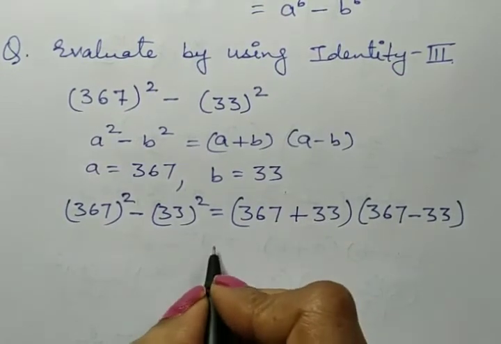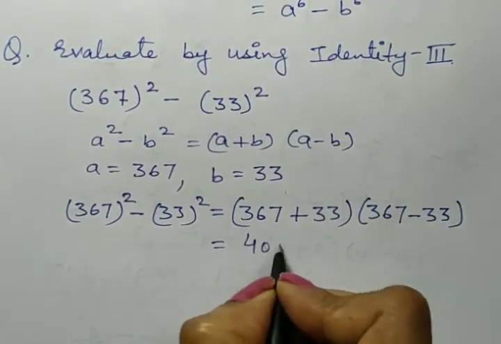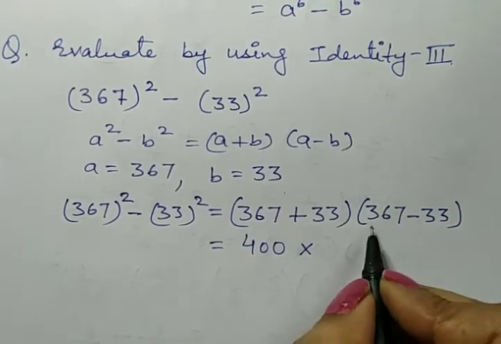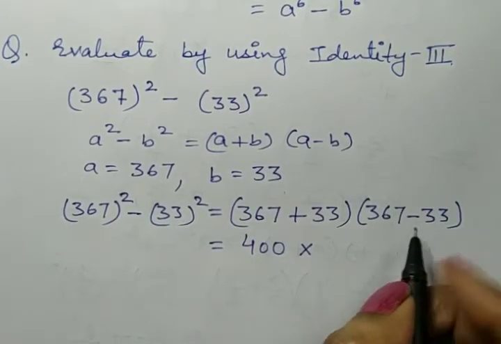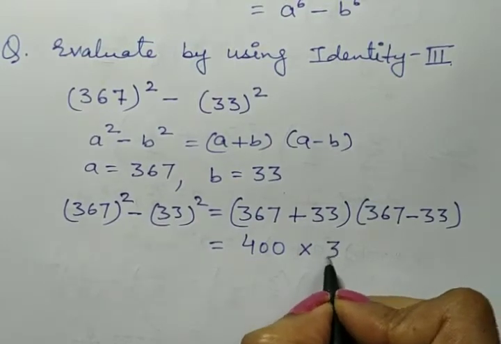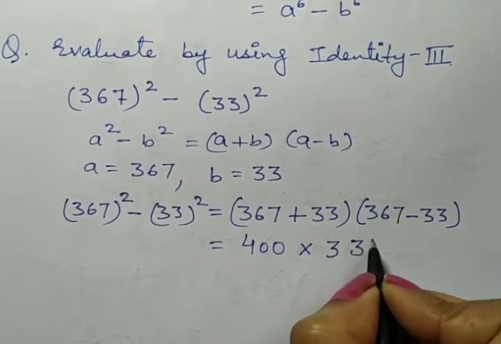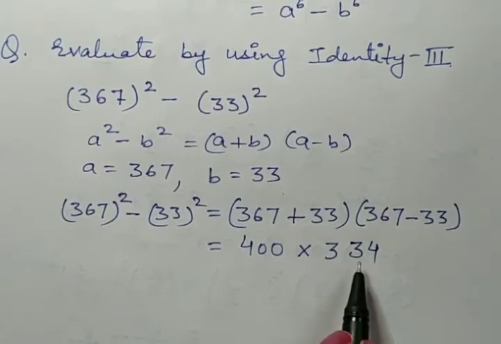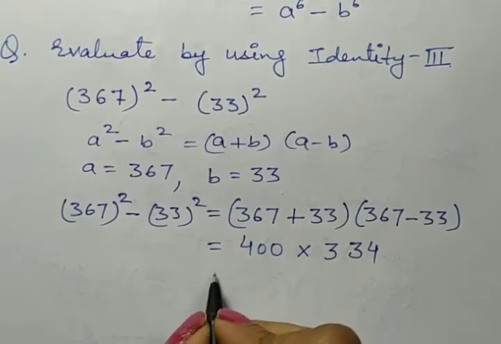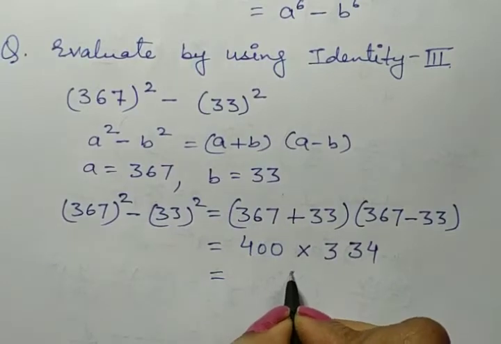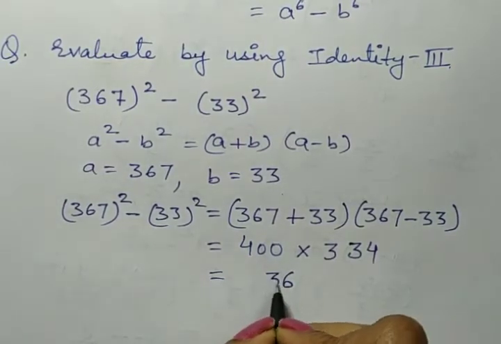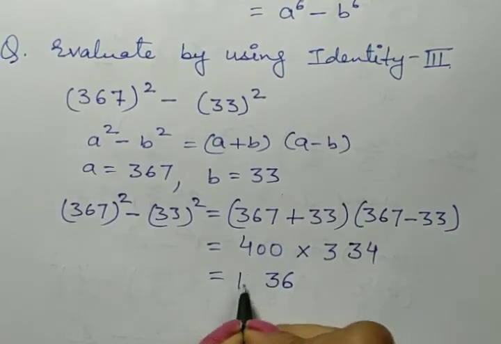367 plus 33, that is 400. Put the multiplication sign over here. 367 minus 33, that is 334. Now it is very simple to multiply 334 by 400. 4 4s are 16, 1 in my mind. 4 3s are 12 plus 1, 13. 4 3s are 12 plus 1, 13.